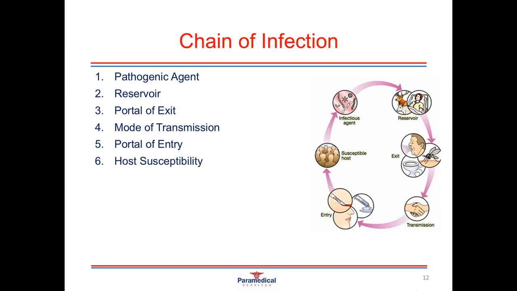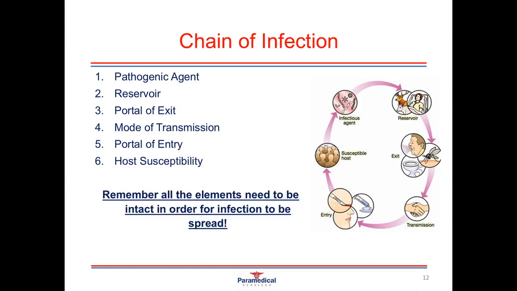Those who are immunocompromised due to poor nutrition or health, drug abuse, alcohol abuse, and different types of medical conditions would naturally have a lower immune system and find it harder to fight off these infectious agents. So again, all of these elements need to be intact in order for infection to spread from one individual or one source to another.